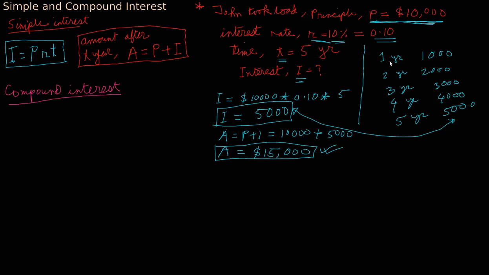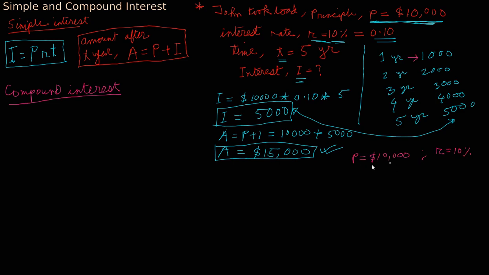Previously you saw that after 1 year his interest was $1,000. Let's do this math again. His principal P is $10,000 at a rate R of 10%.